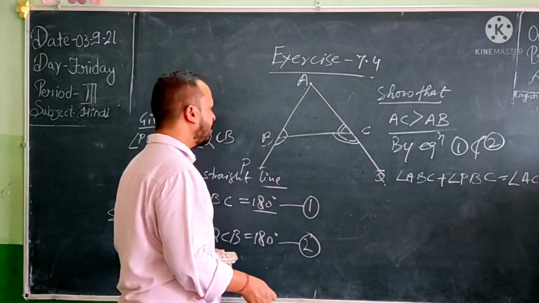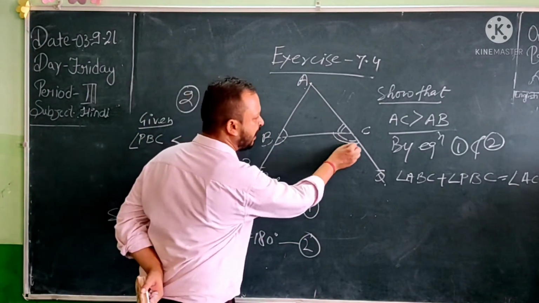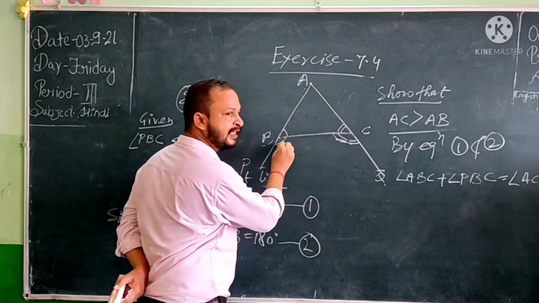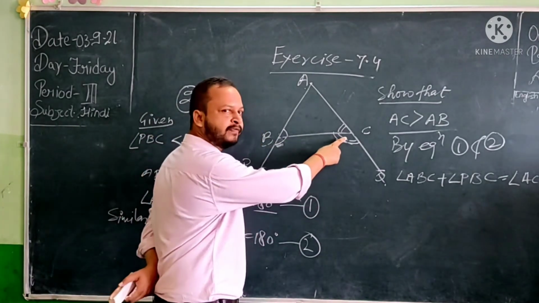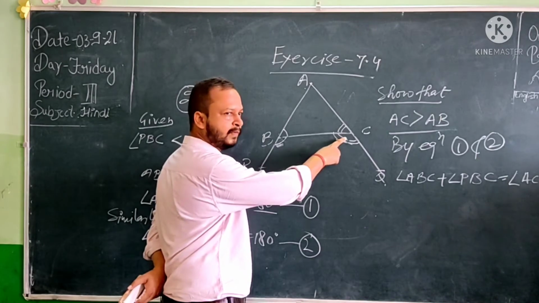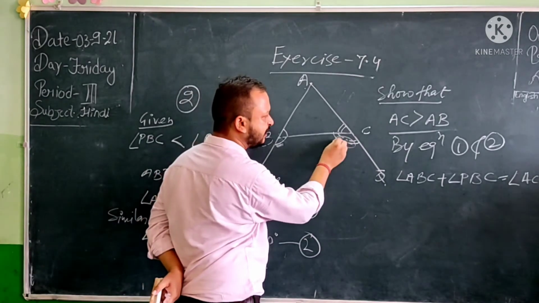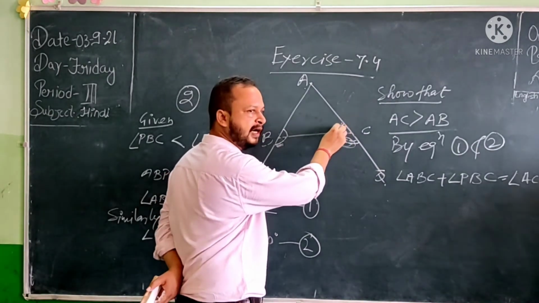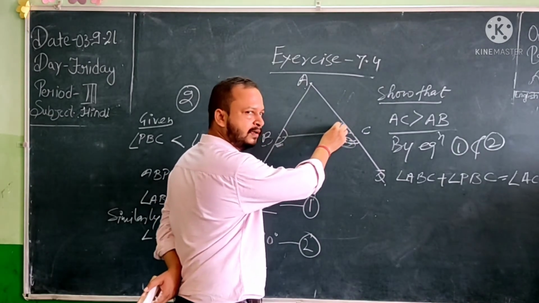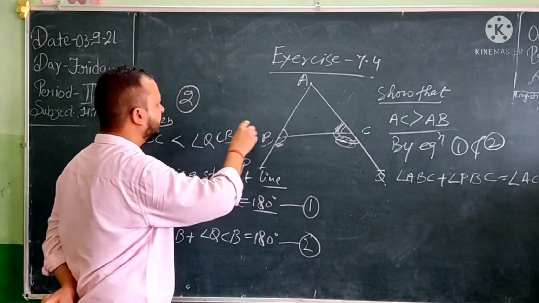Okay. So now here you know that this part is greater than this part, right? So suppose we subtract this part from 180, which means we are getting a smaller part here, right? Suppose equal part is there.